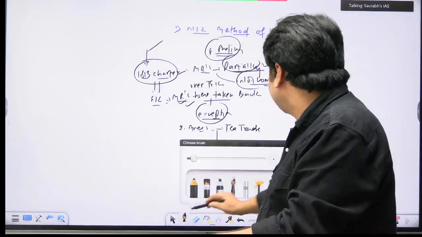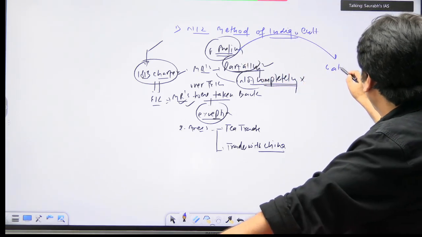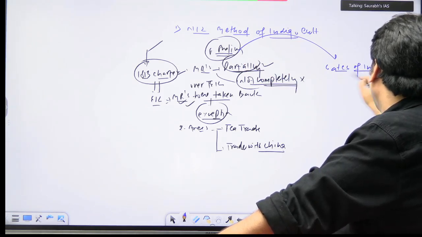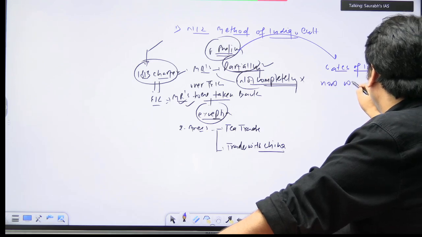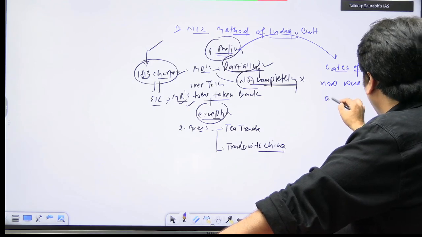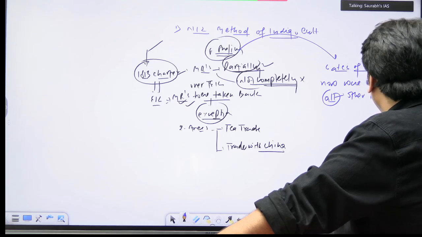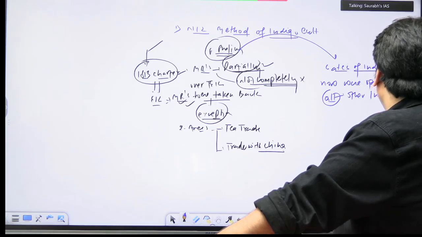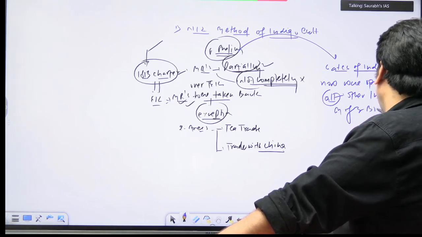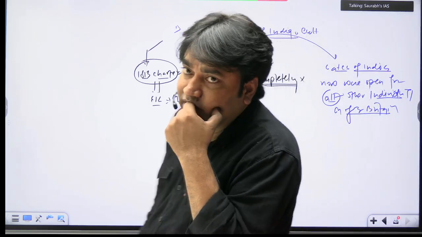It also means that the gates of India now were open for all. All means other individual traders and merchants of Great Britain. They can come to India.